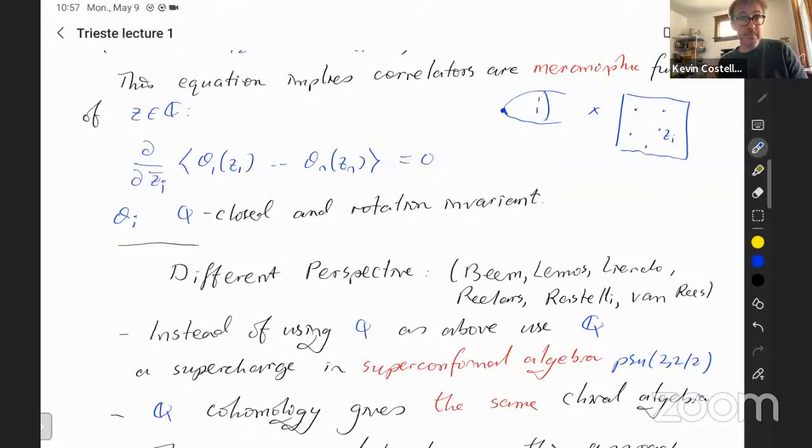So in this way, we have identified in our 4D N=2 theory, which must be superconformal, something very familiar, a two-dimensional chiral theory, just like one might be familiar with from elementary studies of the bosonic string or something like that.